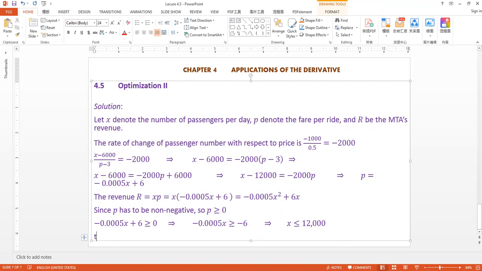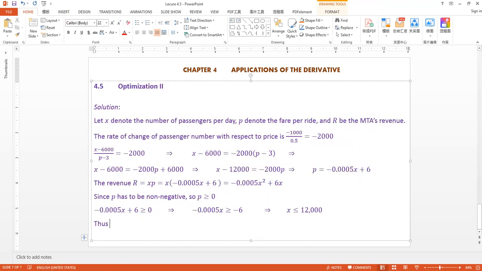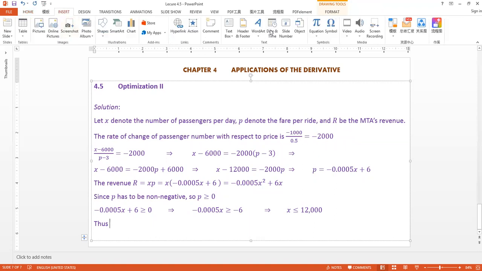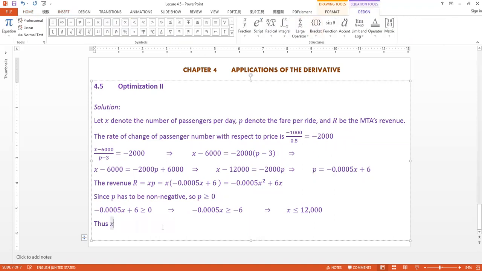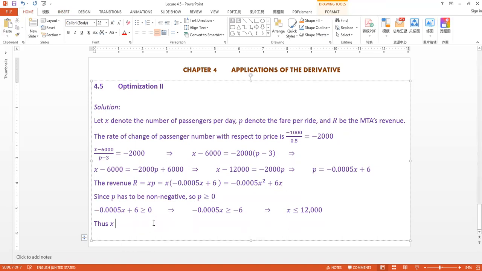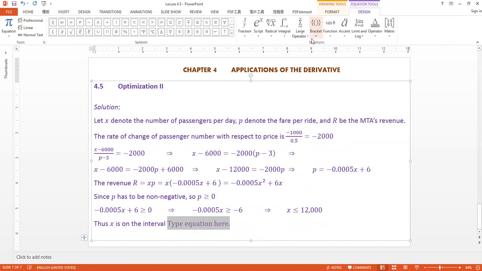Thus, x is on the interval from 0 to 12,000, isn't it?